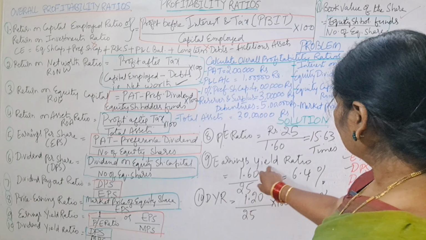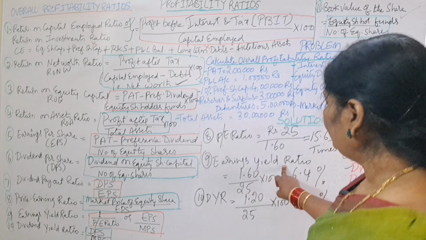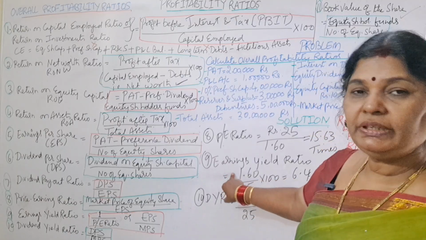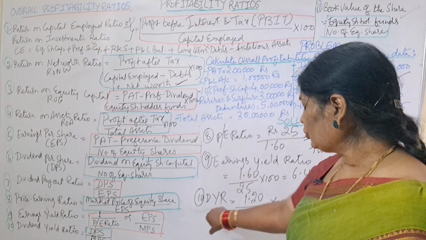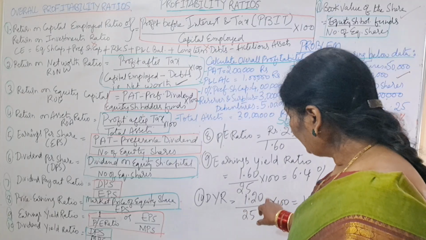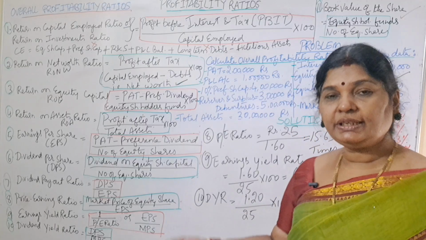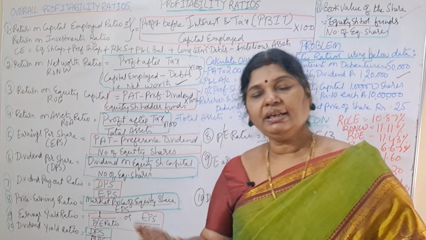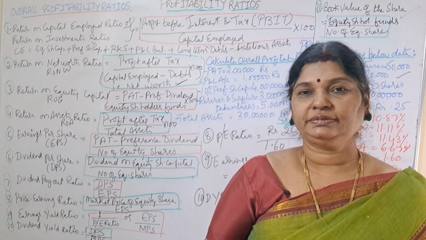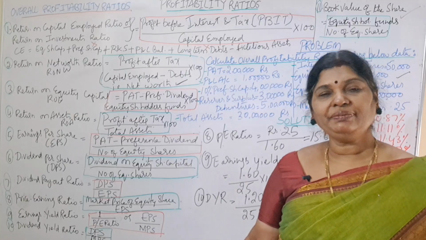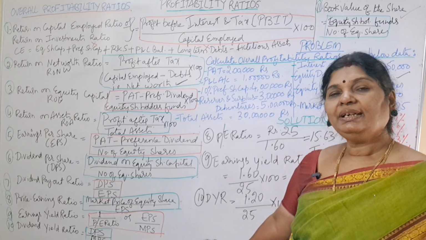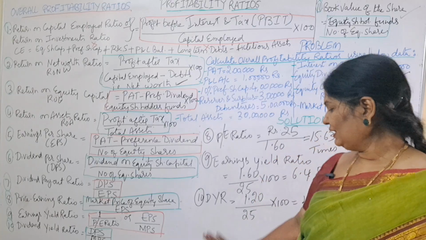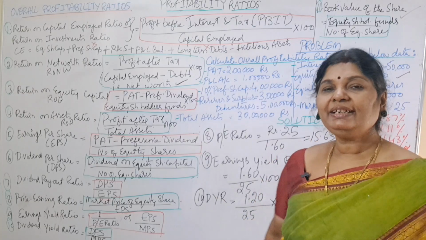So this earnings yield ratio will show the relation between earnings per share and market price of the share. And dividend yield ratio will show the relationship between dividends per share and the market price of the share. Means how much they can earn on their investment without seeing the appreciation value. This shows how much of return we can earn on this investment without accounting any capital appreciation on this. So that is about dividend yield ratio.